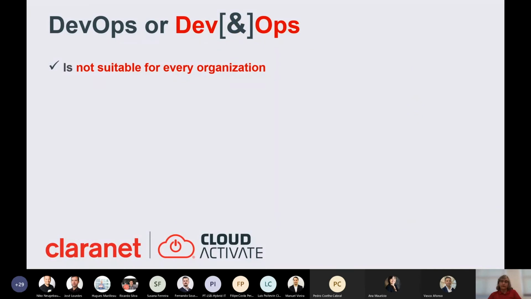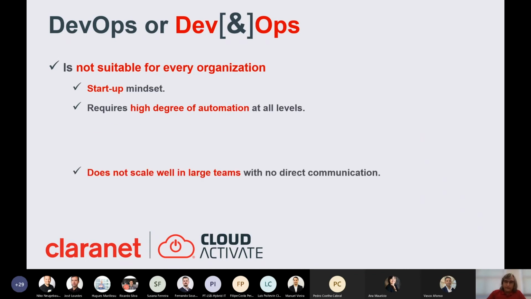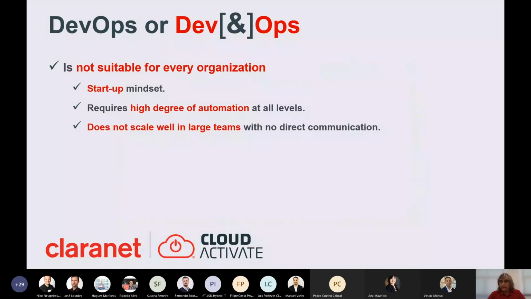But DevOps is not suited for every organization. Organizations with a startup mindset might obtain more value from DevOps than others. Sometimes automating everything or scripting everything is simply not possible. Also, a cross-functional teams approach might lead to some scaling problems in large organizations.